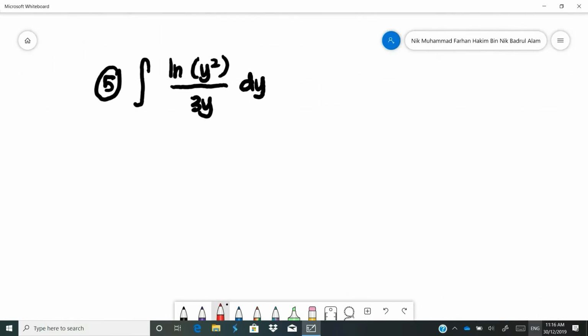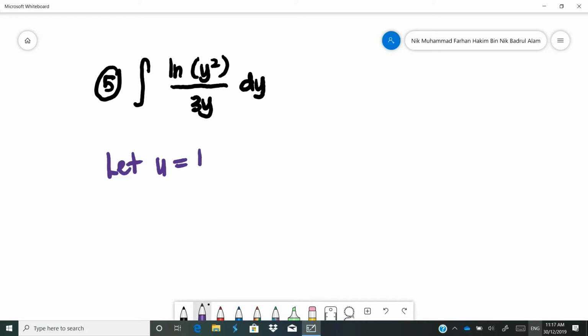Alright, let's get to the next one. You will have ln y square over 3y, so you have to be very careful in choosing which one is going to be substituted. In this case, if you choose u as ln y square, it will be quite difficult.